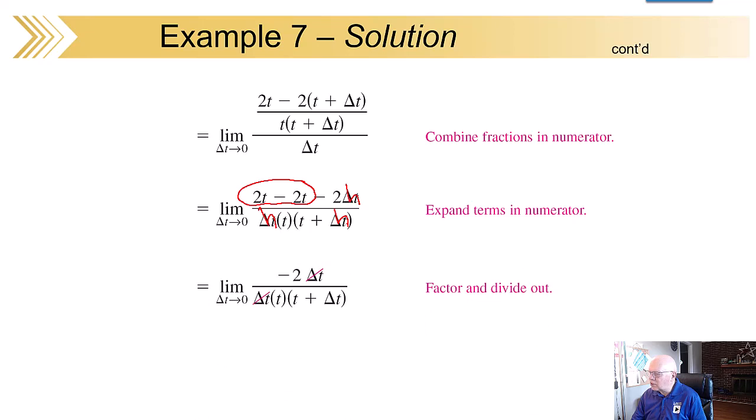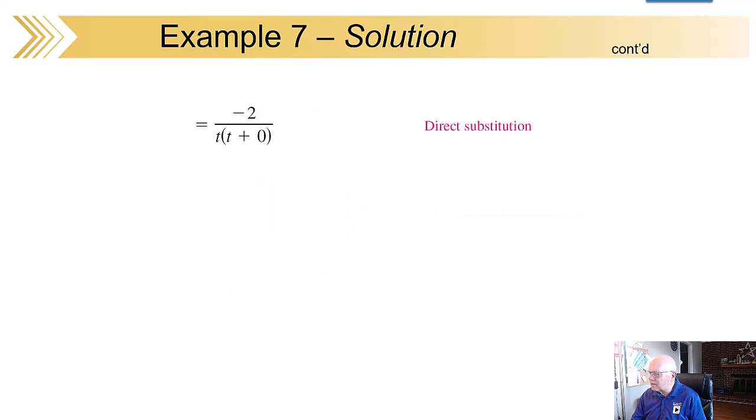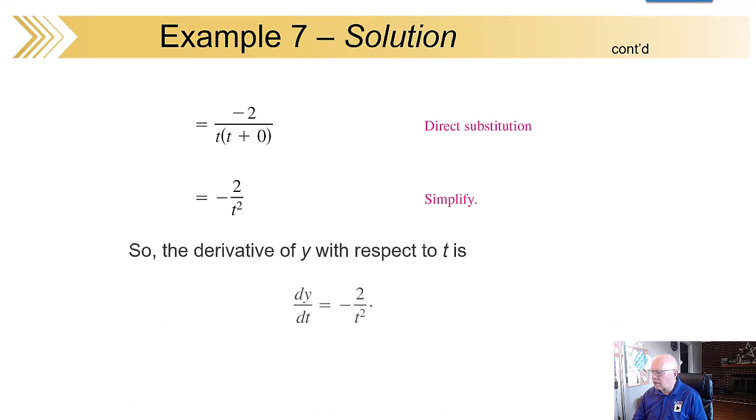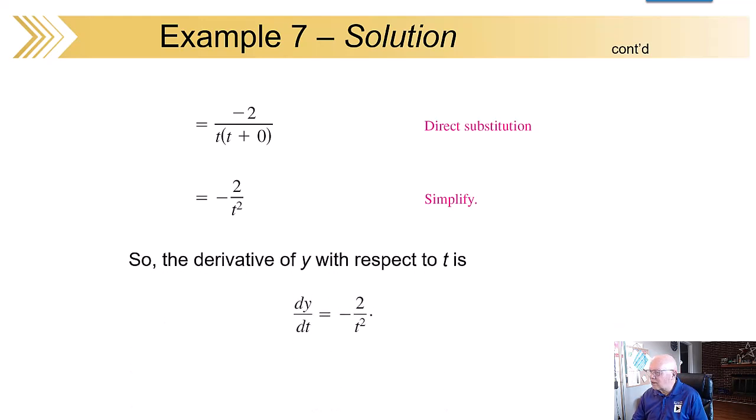A very fortunate dividing out. There's a simplified version before we take the limit. Now, direct substitution. Since we can put 0 in for h, we do it to get our limit. And there is our derivative. So we've got the derivative of y with respect to t. You've also practiced using something other than x.